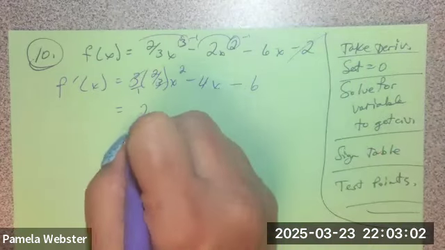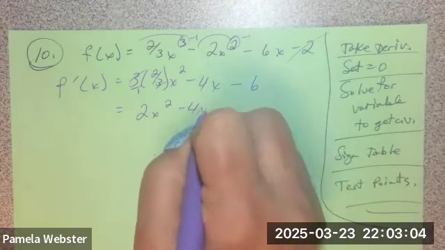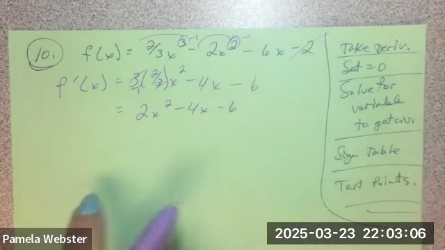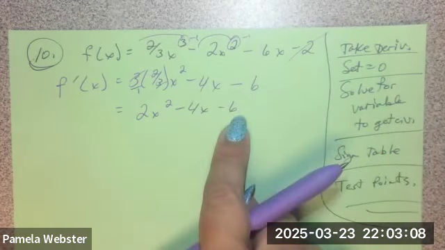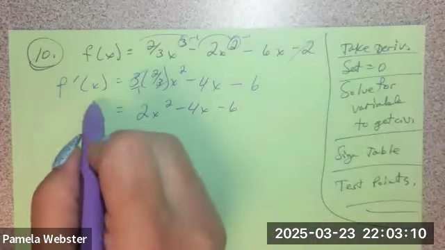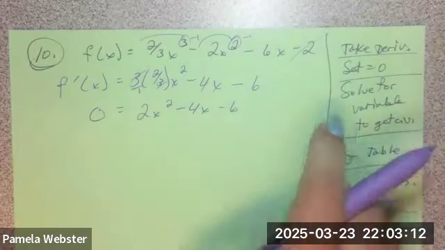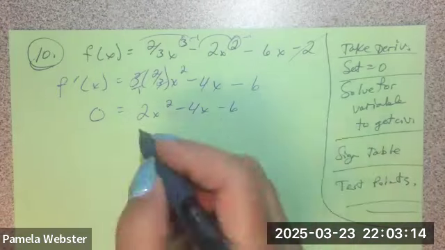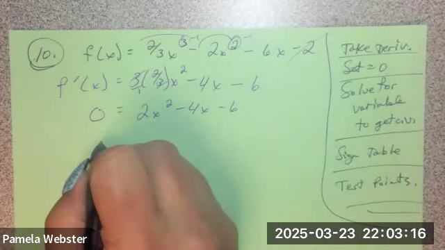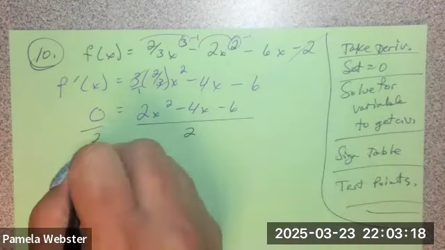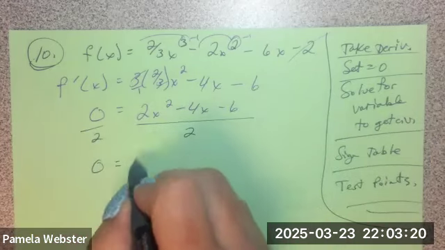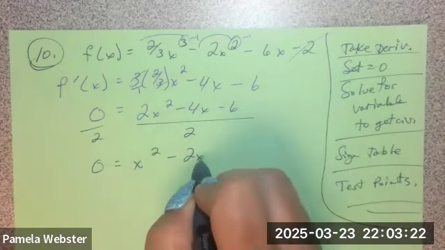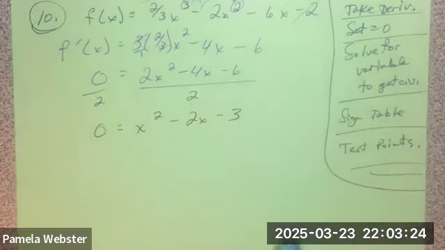So this is really 2x squared minus 4x minus 6. That's my first derivative. Set it equal to 0 and solve for your variable. I can divide a 2 out of all of this: 0 equals x squared minus 2x minus 3.